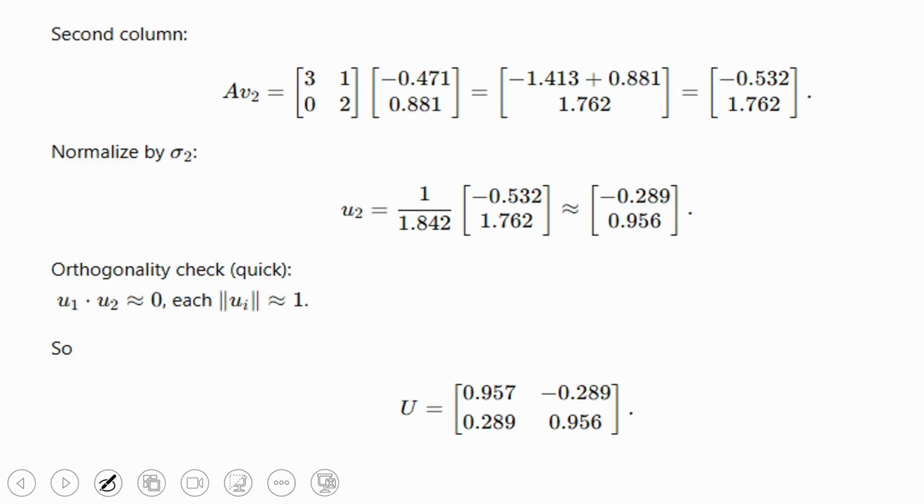Now we need to check the orthogonality. That is U1 into U2 is approximately equal to 0, and the norm of each Ui equals 1. If this is okay, you can write the U matrix.